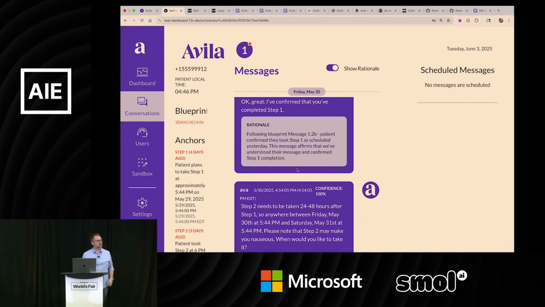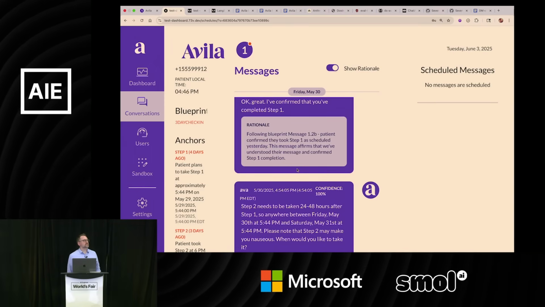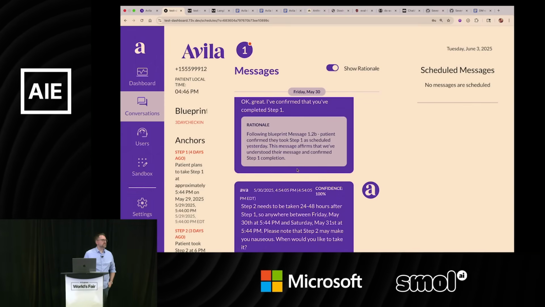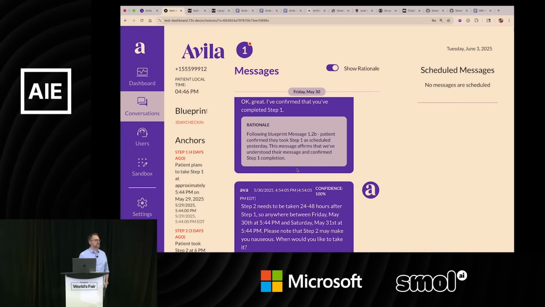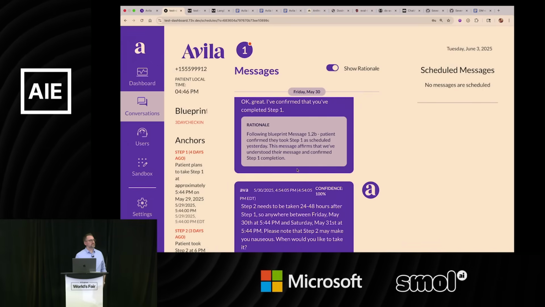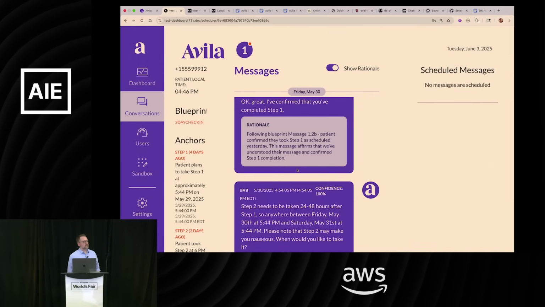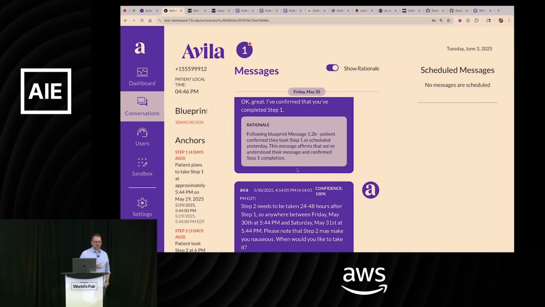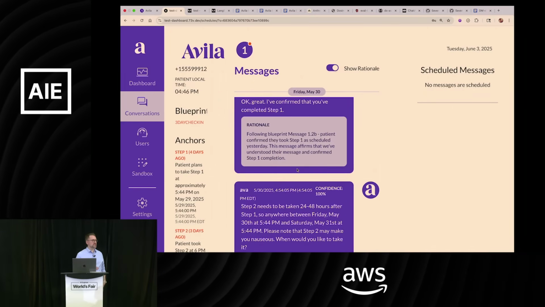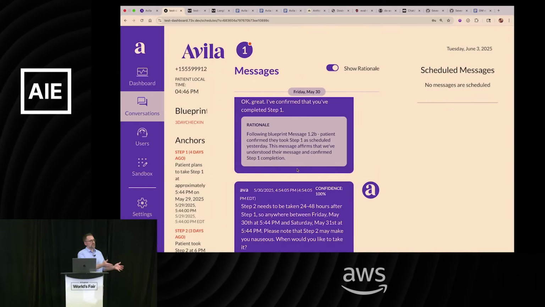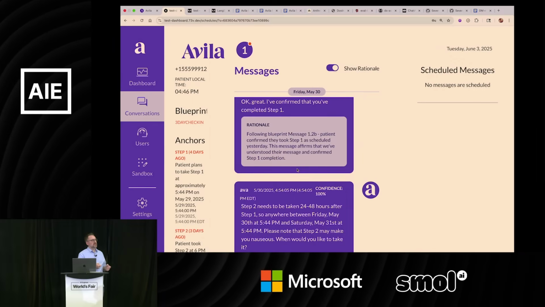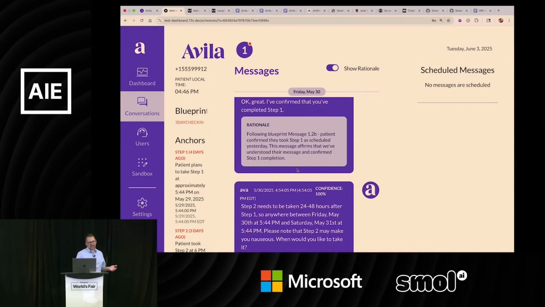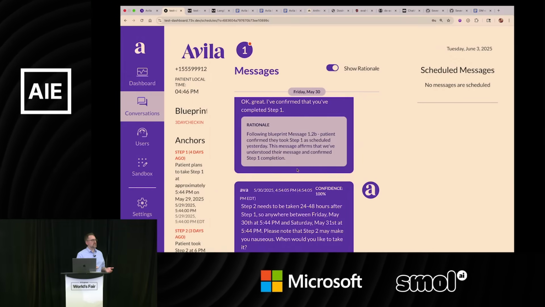Sorry, you in the back. I'm curious about the scale. What's the load of how many messages the system is handling in production? And have you had any issues with API throttling of the model? The question was about load and scale. The really short answer is that this system exists; there's an existing version of it that is humans pushing buttons. That scale is, let's say, thousands, not millions of patients.